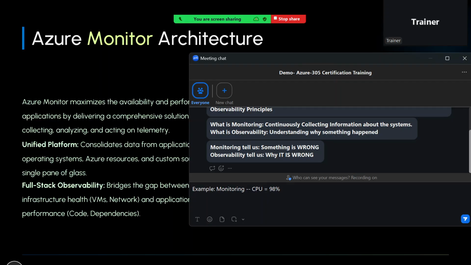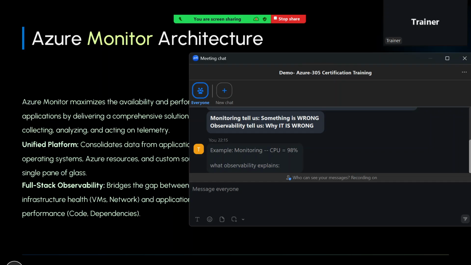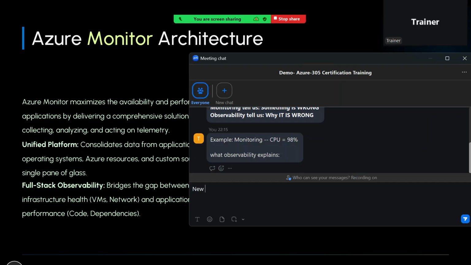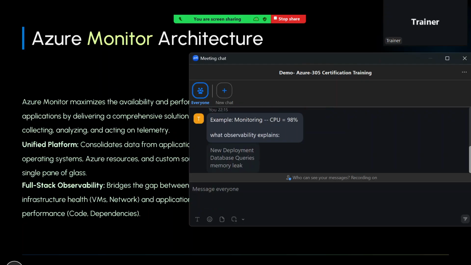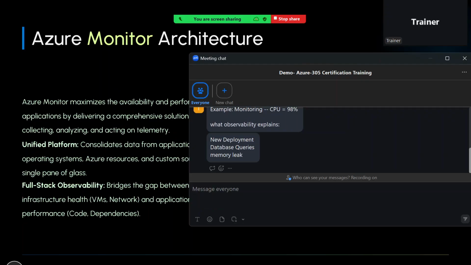In this case, observability explains it: a new deployment, database queries, and a memory leak. So the root cause is identified.